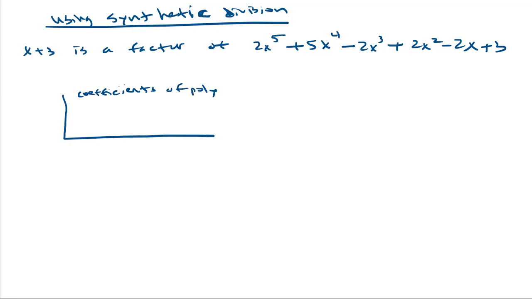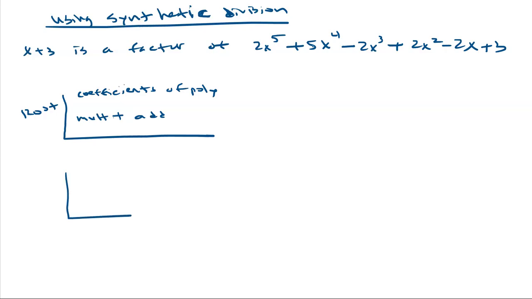And then this row here, we're going to multiply and add. And now here we're going to put the root.